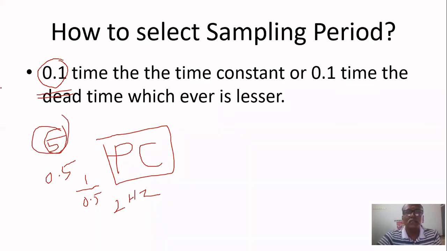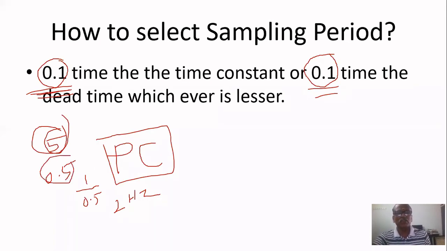Or the system may have a dominating dead time rather than time constant. Whichever is dominating, either time constant or dead time, we have to see. If the dead time dominates, then it is 0.1 times the dead time. If dead time is 5 seconds, then the sampling period must be 0.5.